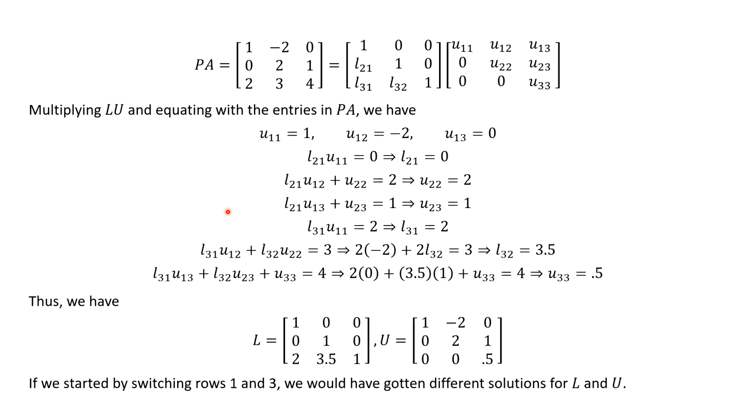And one other point, if you recall, when we started, we wanted to get the 0 out of the upper left position in A, the pivot position, and we switched rows 1 and 2 via this permutation matrix. So if you switch rows 1 and 3, you might want to try this as an exercise, you'll get a different solution. It'll still work, but you'll get a different L and U. So this is an example of the LU decomposition not being unique.